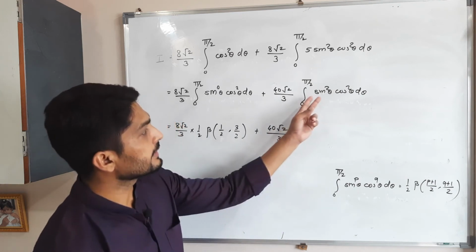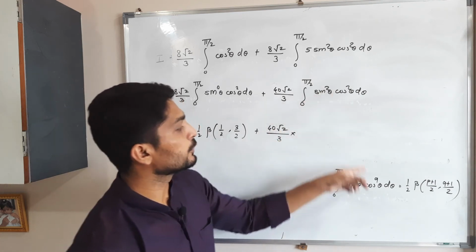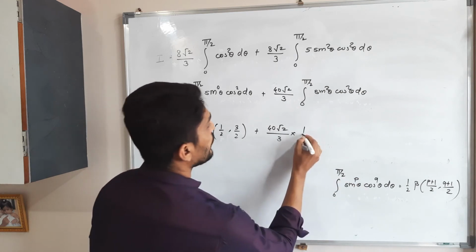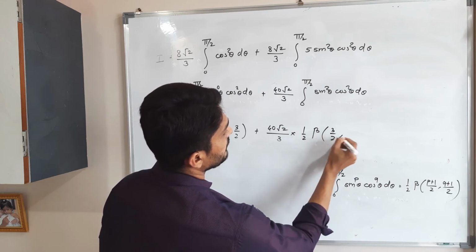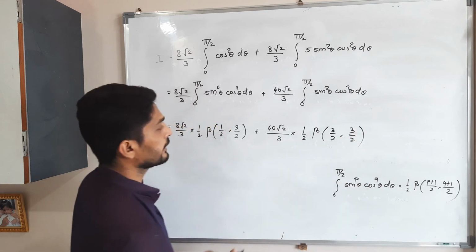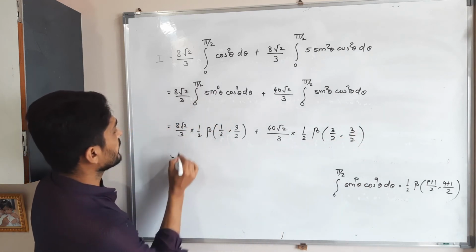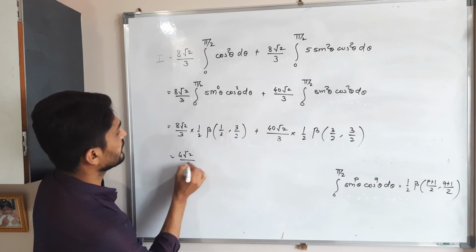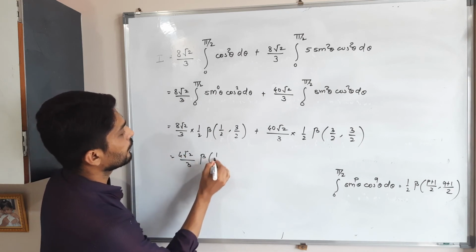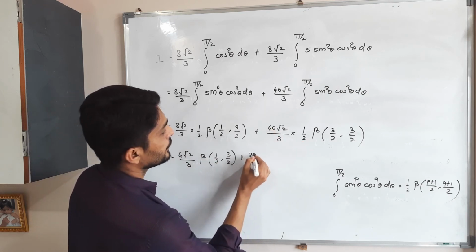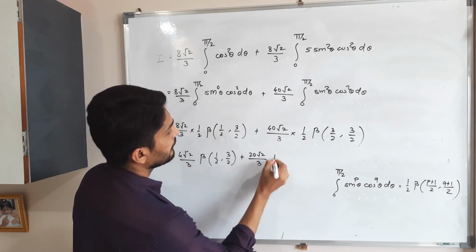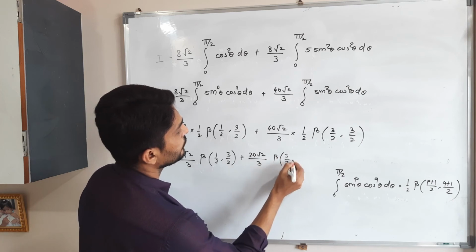For this integral, p is equal to 2 and q is also equal to 2. So this is 1 by 2 beta of 2 plus 1, 3 by 2, and here 3 by 2. This is equal to, 2 will get cancelled, 4 root 2 by 3 beta of 1 by 2 comma 3 by 2, plus 2 will get cancelled, 20 root 2 by 3 beta of 3 by 2 comma 3 by 2.